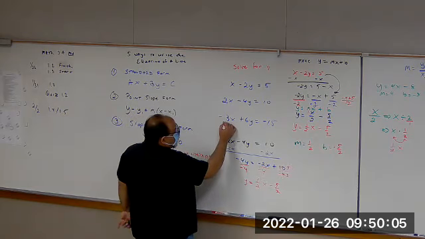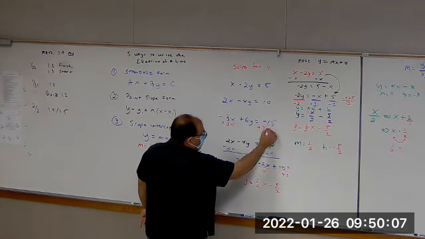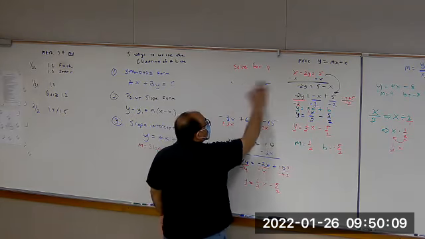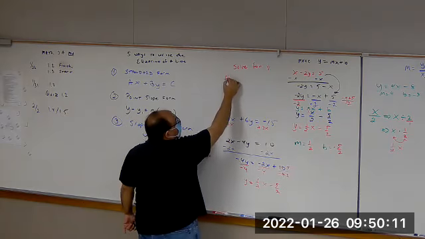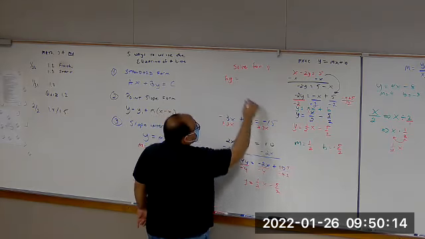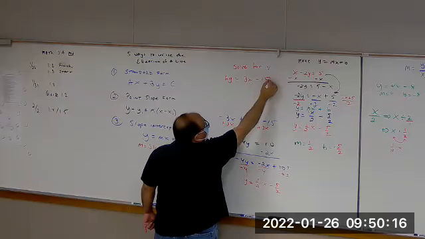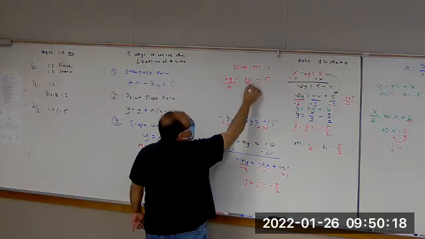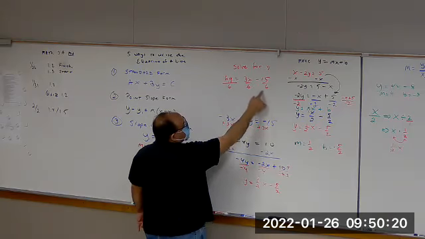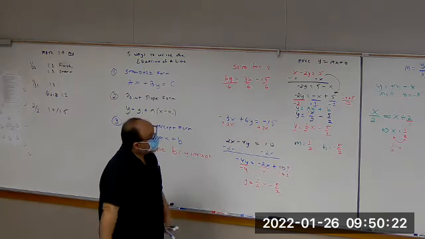Over here, add 3x. So you got 6y equals 3x minus 15. Everybody gets divided by 6. Uh-oh, sorry about that. A little evilness around.